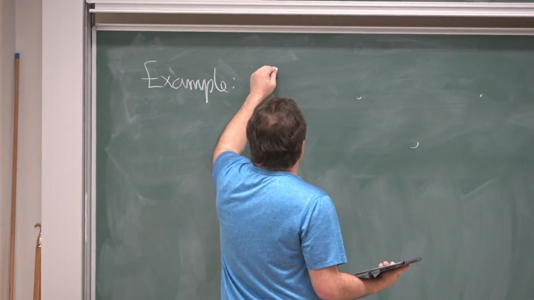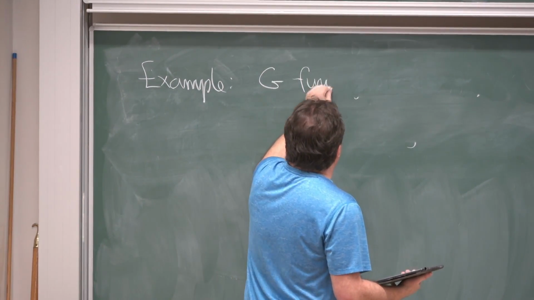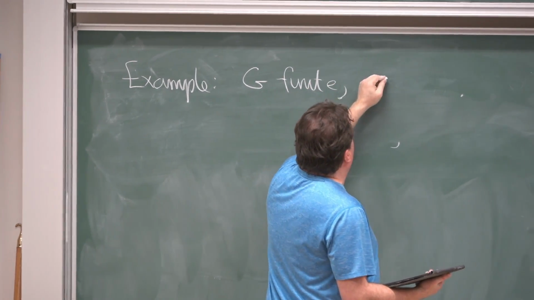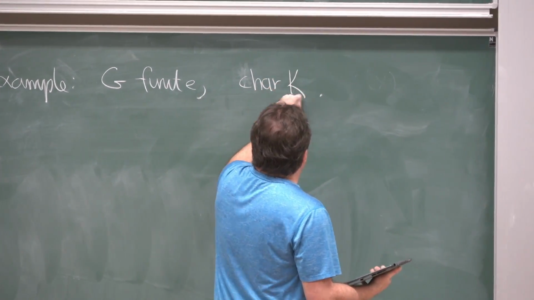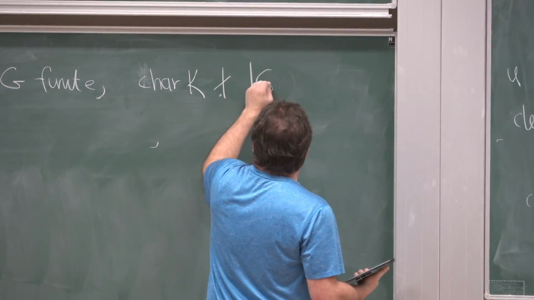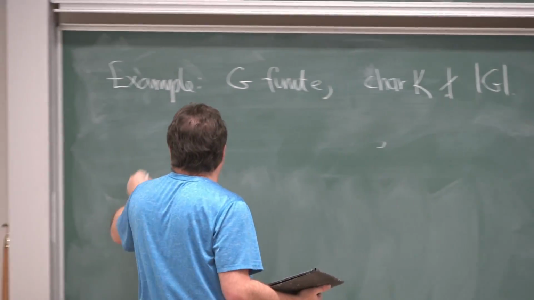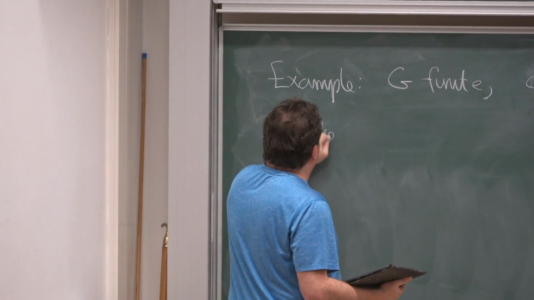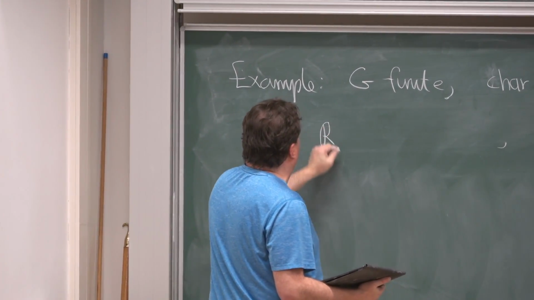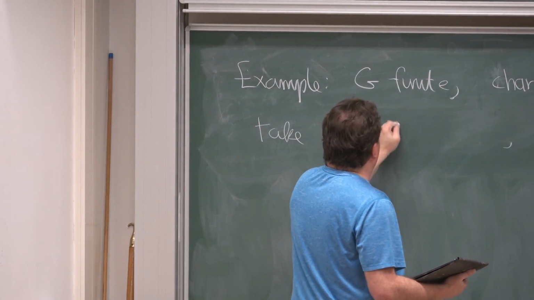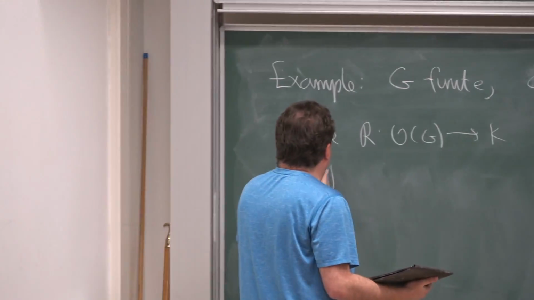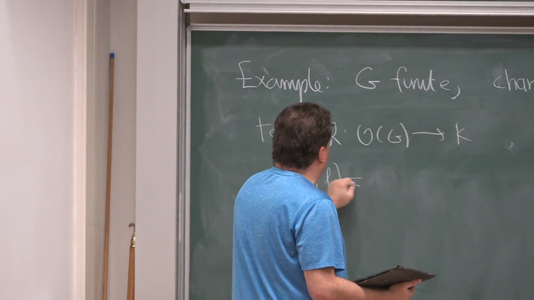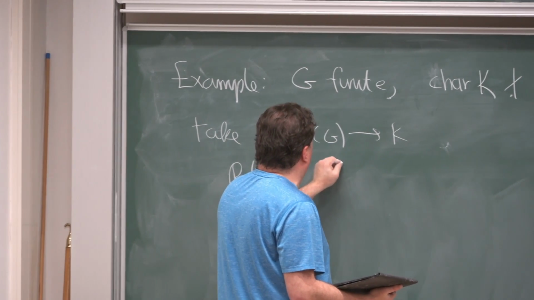let's say G is a finite group, and the characteristic of the field does not divide the group order. Then we can take this map R to be, R(f) is just you average it over the group.